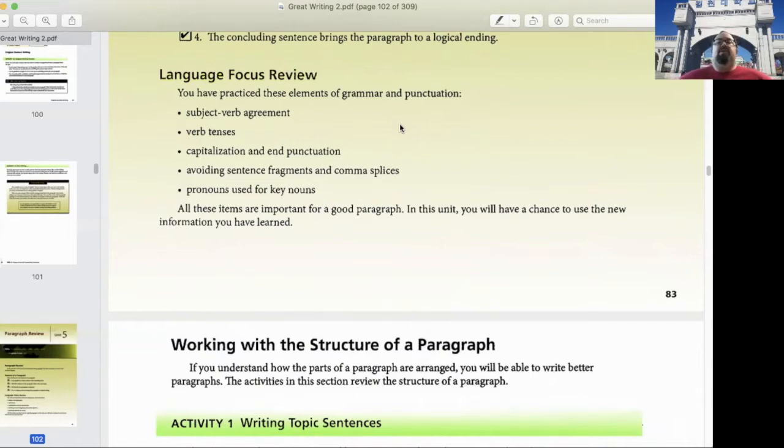Finally, we did pronouns used for key nouns to make your writing less boring, to give more variety, so you don't keep saying the same noun over and over again, right? Barry taught a class yesterday. Barry was in class for 2 hours. Barry gave us a lot of homework.